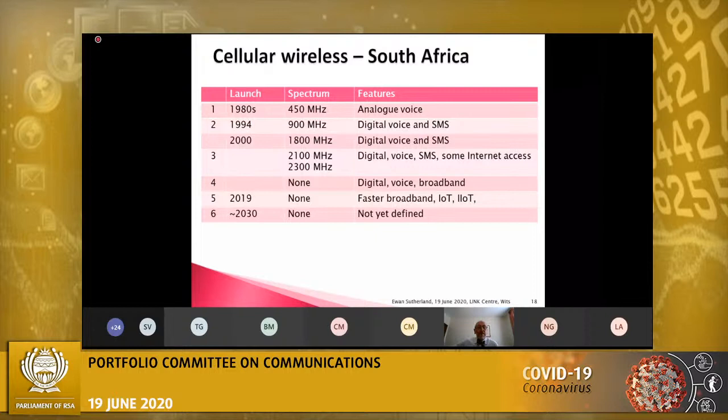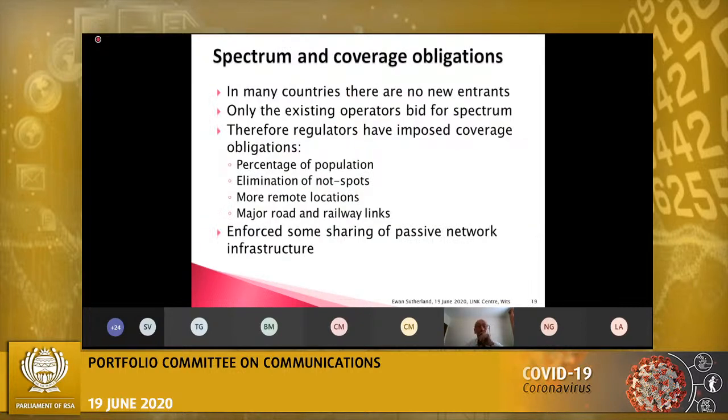So the spectrum bands that have been assigned: 900, 1800, 2100, 2300 megahertz. We still don't know what. There's still a lot of work going on in 5G, and 6G, as we've said, is not at all defined. So it's been a slow process. There's been a delay in assigning additional spectrum.